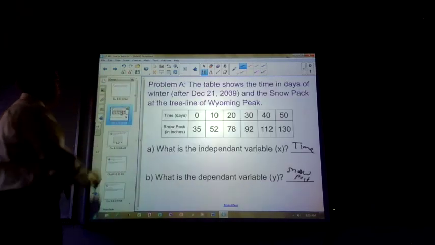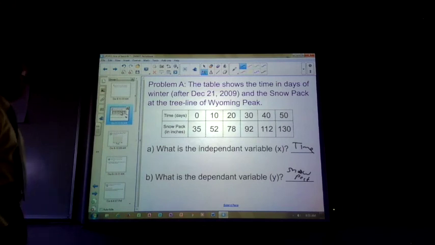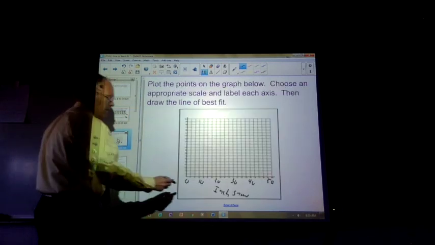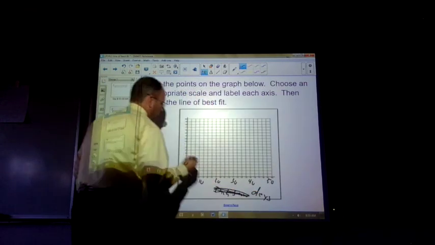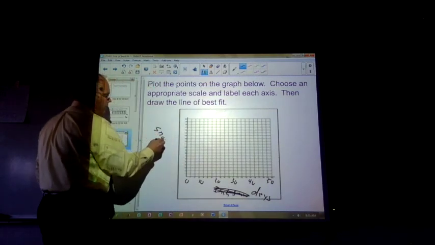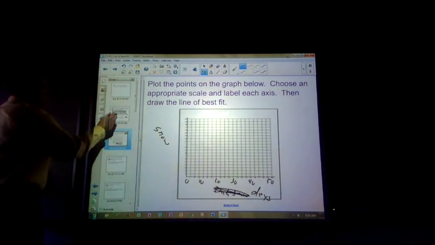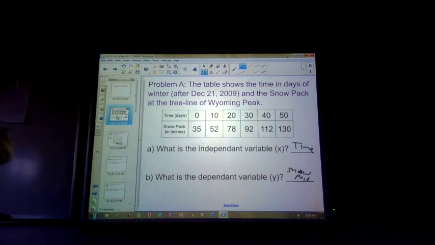And then if I go back, I can say, okay, time in days. What did I just do? I labeled the numbers right, but I didn't label that. That's supposed to be days. And then this way is going to be snow. So let's think on the snow. I go 35 to 130. Should I count by ones?